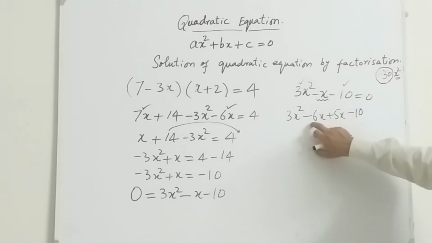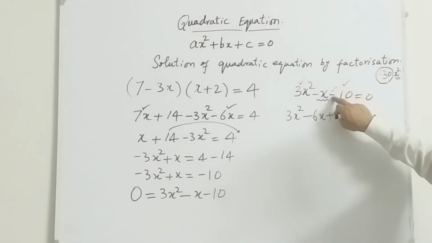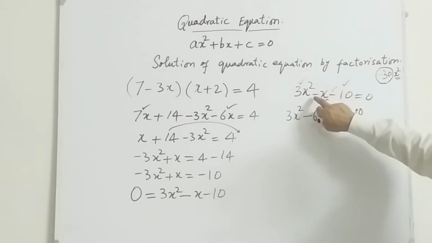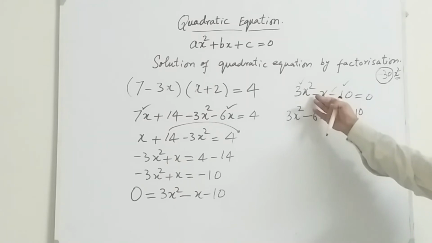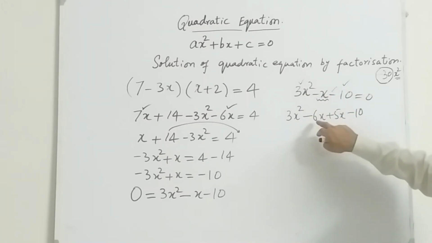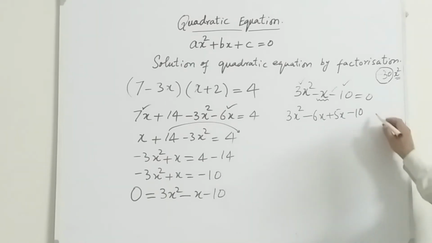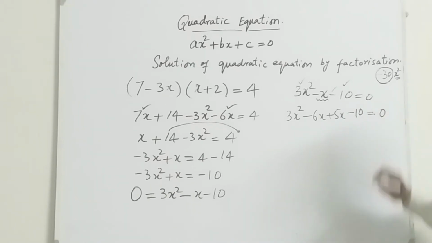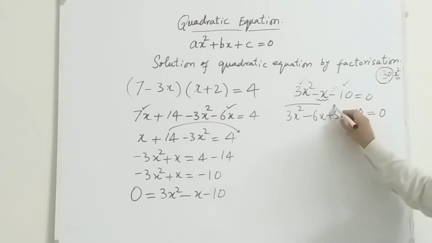When we multiply these two terms, the answer will be negative 30x square, and we have to find the difference in such a way that we should get negative 1, and to get a negative number as a difference, the greater term should be negative and the smaller term should be positive, and on the right side we will write 0.